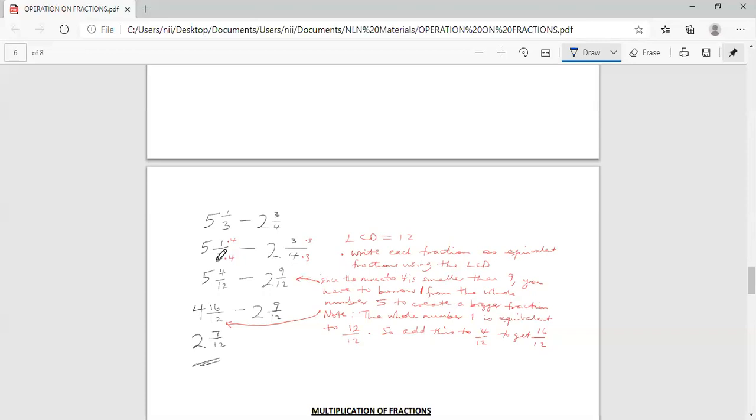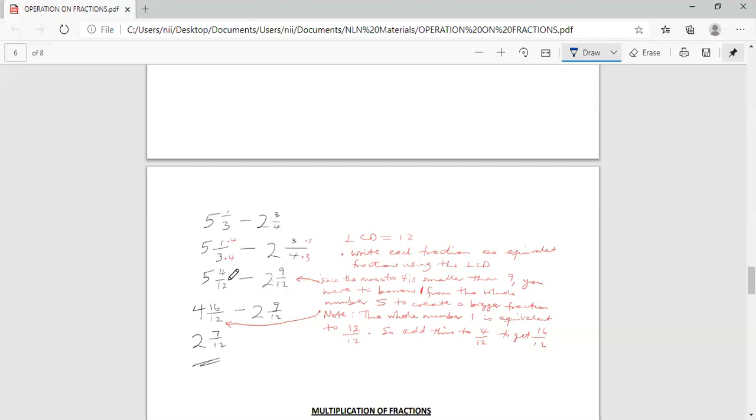So let's write the denominators with LCD of 12. 3 times 4 is 12. Multiply numerator also by 4, so 1 times 4 is 4. Same thing here, 3 over 4. Multiply the denominator by 3 gives me 12 to get the LCD. Multiply the numerator also by 3, so I get 9 out of 12.